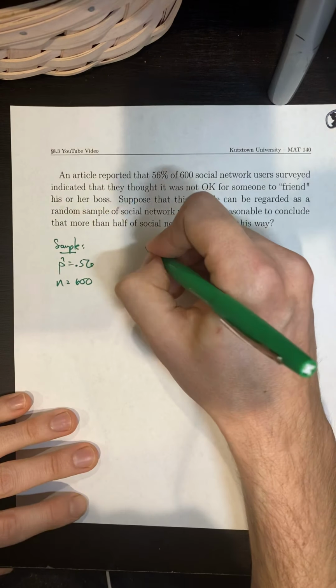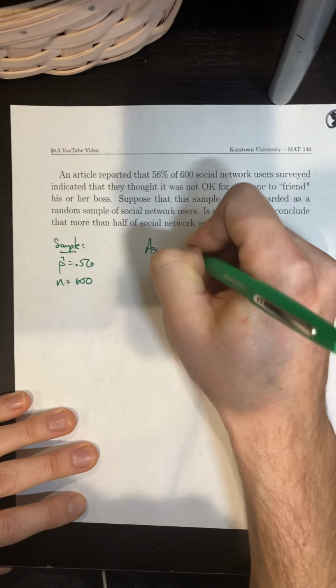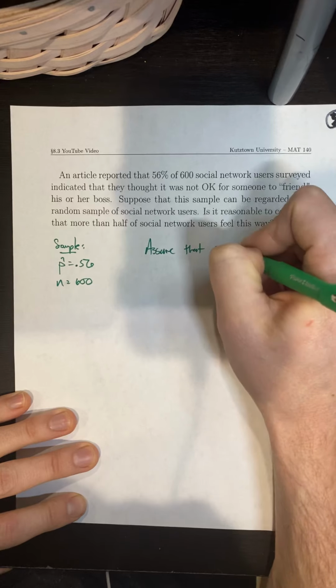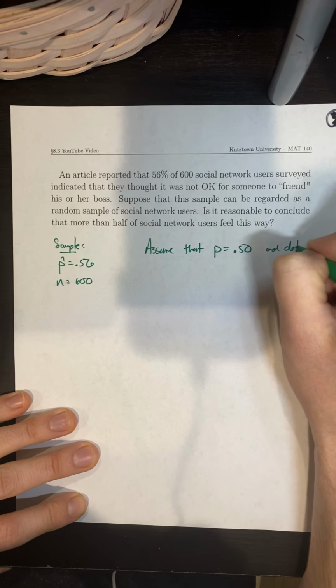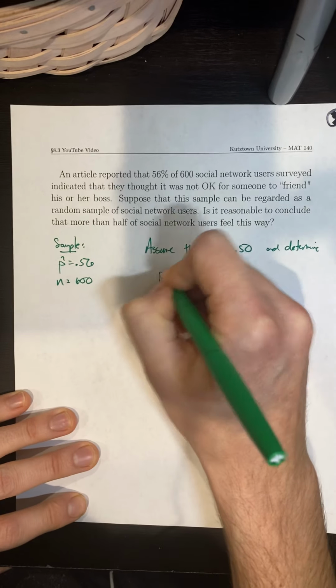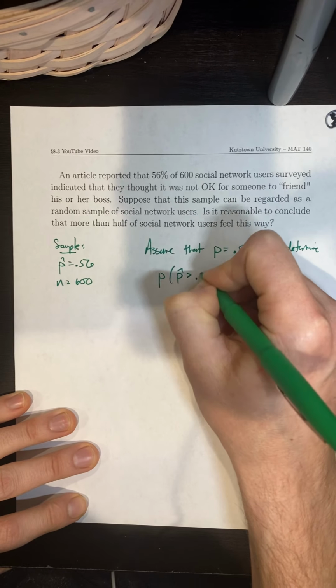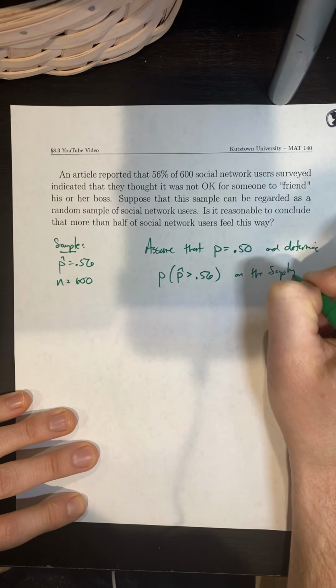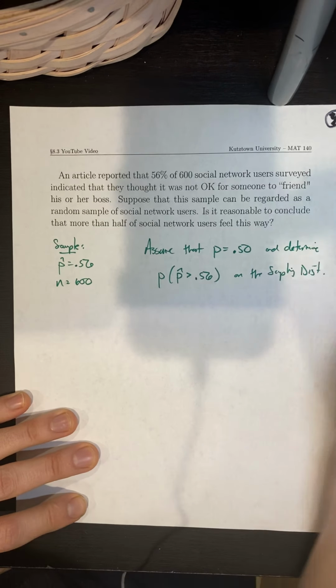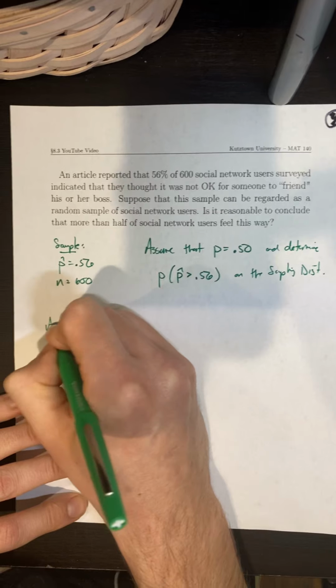So what we do is we assume that p, the true proportion, is 0.50, and determine the probability that p hat was at least as great as 0.56 on the sampling distribution. Okay, so here's our assumption.